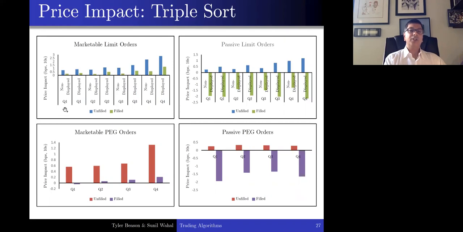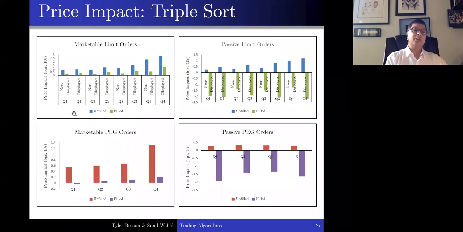The first thing you'll notice here, this is just for marketable limit orders, is an upward slope. That shouldn't surprise you, as the bigger an order gets, the larger the price impact.